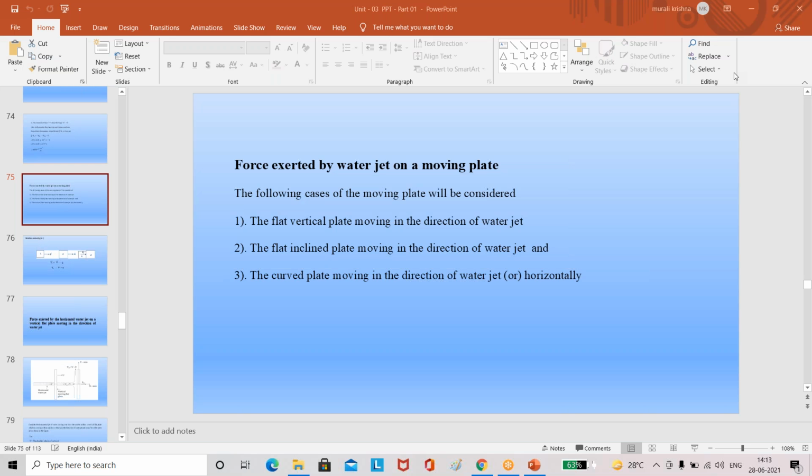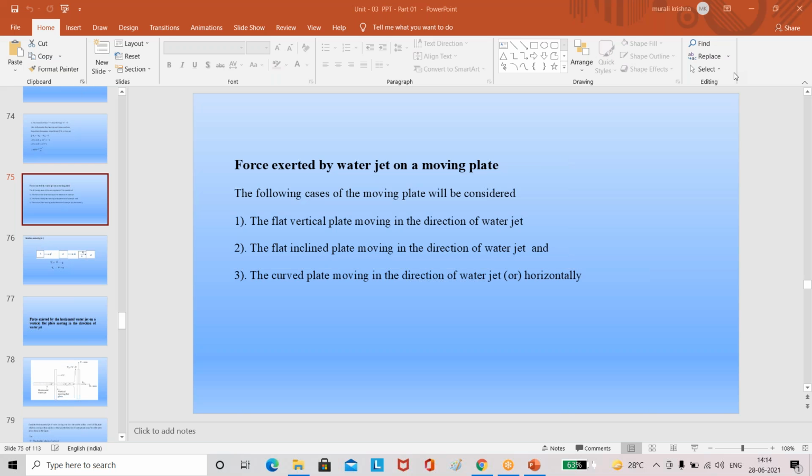We discussed the horizontal water jet on a stationary vertical flat plate, the horizontal water jet on a stationary inclined flat plate, and the water jet on a stationary curved plate, both the central impact and also tangential impact. So, we discussed so far the force exerted by water jet on the stationary plates only.